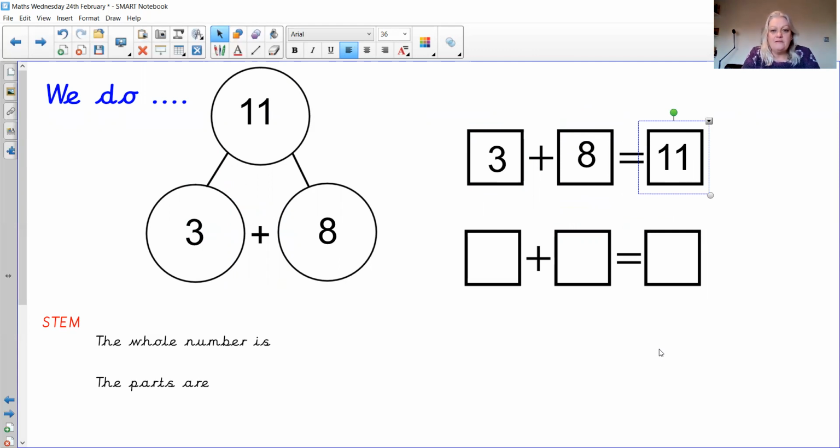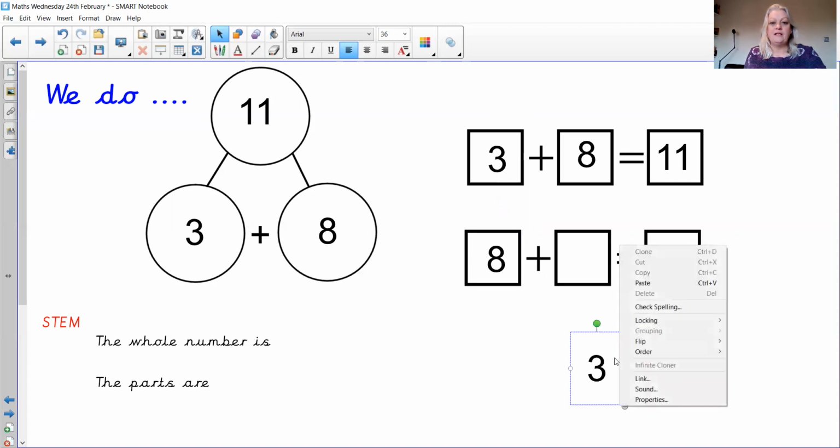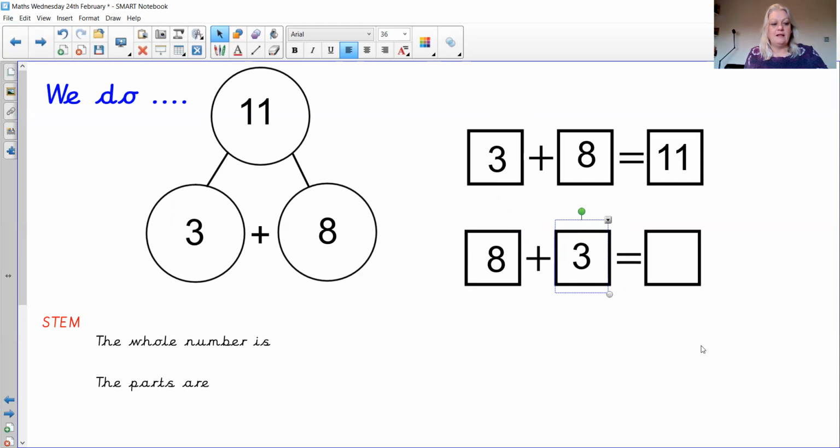So it doesn't matter if you start with the 3 and then add on 8 to get 11, or whether you start with the 8 and then you can add on 3 more to get, what's my whole number? While I'm moving this up, thank you. It is still 11. My whole number doesn't change, just the way I've added my parts up.